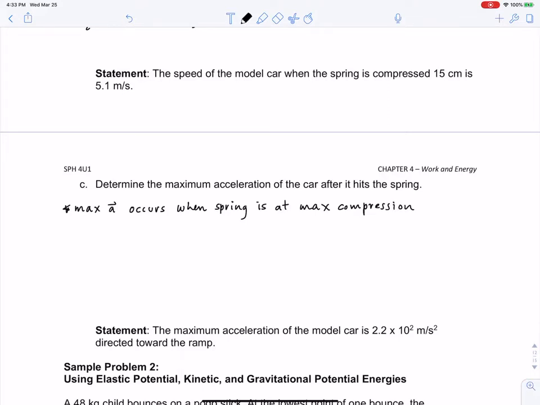And this occurs at a displacement of 22 centimeters. So the net force exerted is equal to the spring force. So ma is equal to negative k delta x.